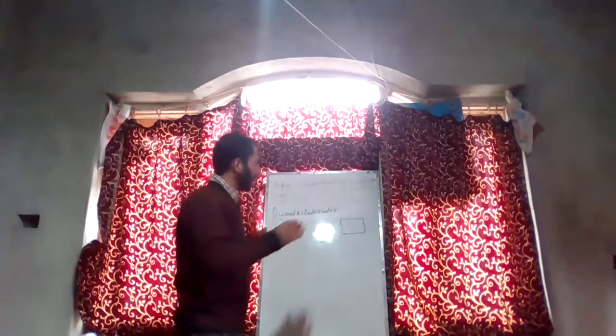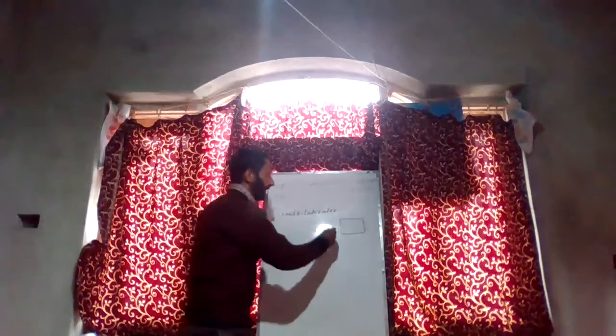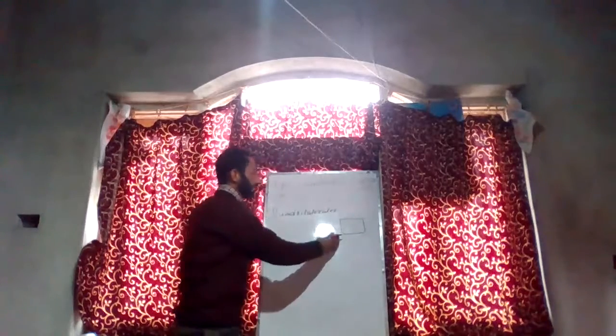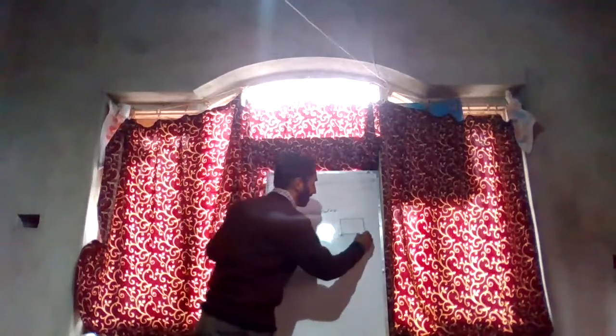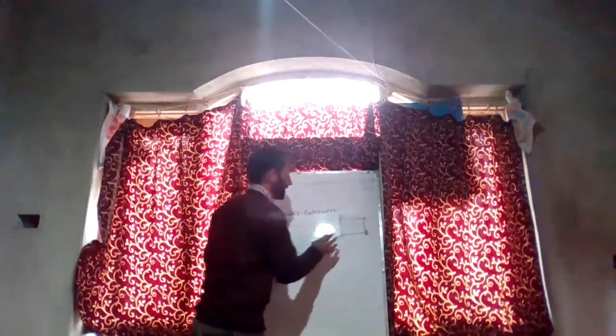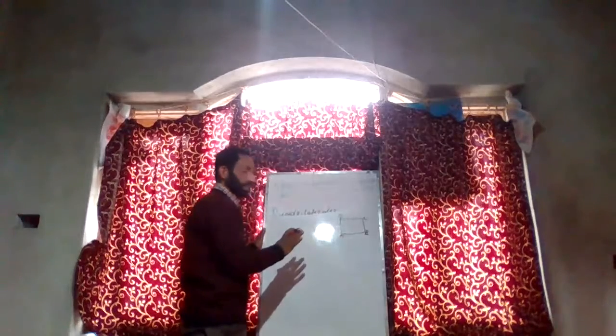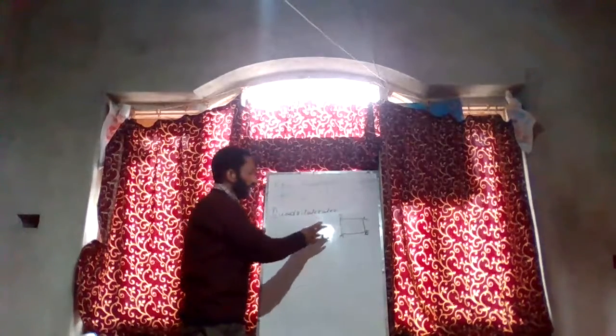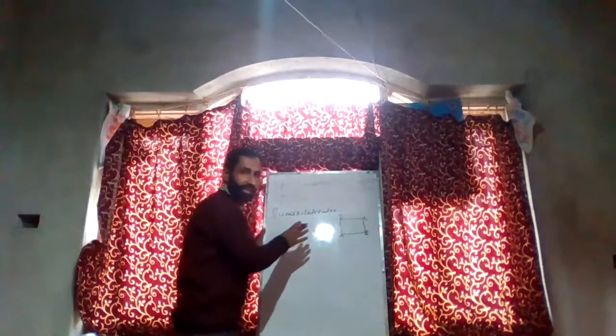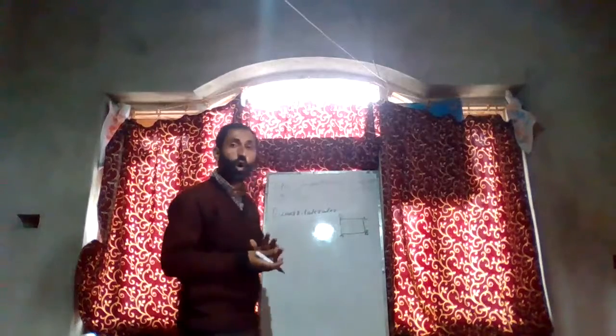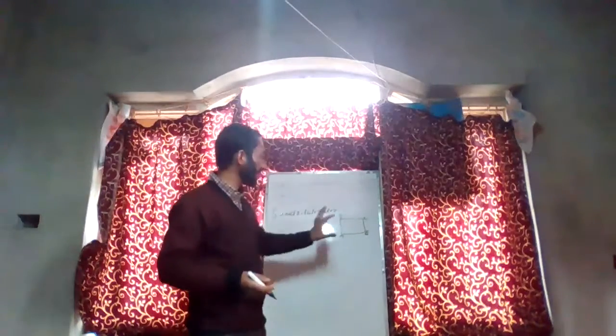Dear students, we will give it a name A, B, C, D. This ABCD is a figure. It is a quadrilateral. It is made up of four line segments.